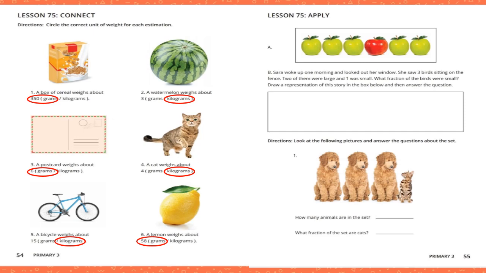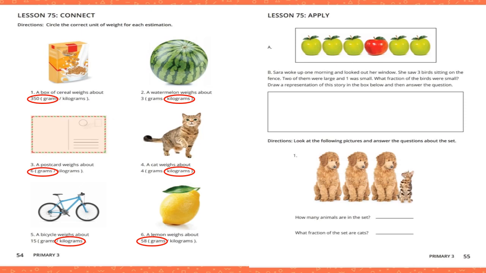And the fraction of green apples? How many green apples do we have? 5. 5 out of 6 apples. So it's 5 over 6. The fraction of green apples is 5 over 6, and the fraction of red apples is 1 over 6.